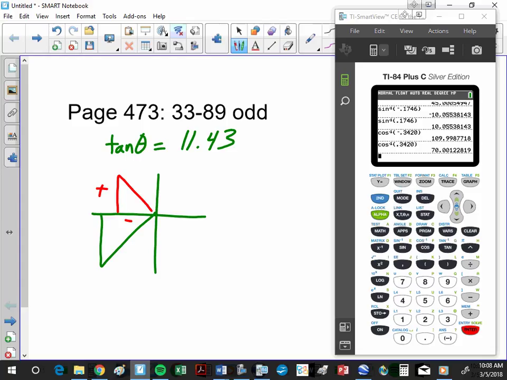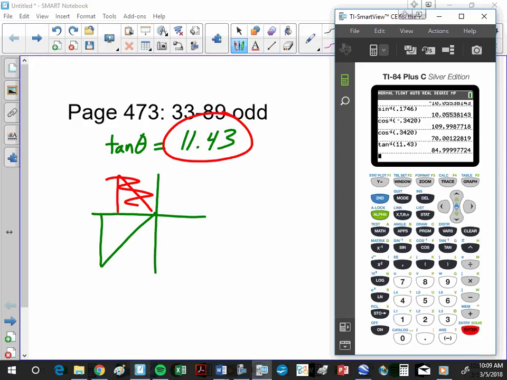But in this case, why is tangent positive? We're in 3, and in 3, O and A are both negative. So, okay, we're going to invert the tangent of 11.43, and I end up with 85 degrees.